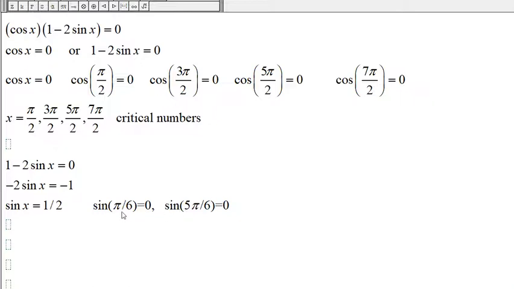And so this is in the first quadrant, and this is in the second quadrant. In the third and fourth quadrants, we get negative. So these are the critical numbers: x equal to pi over 6, and 5 pi over 6.